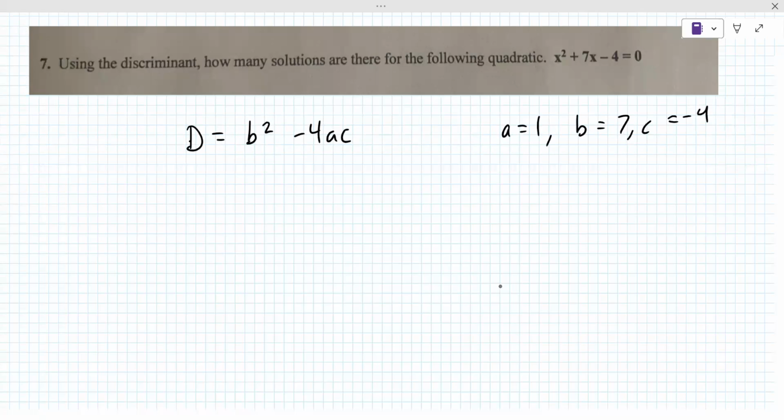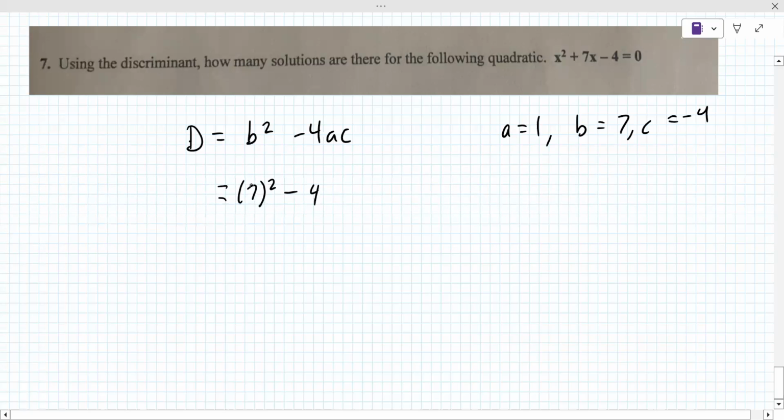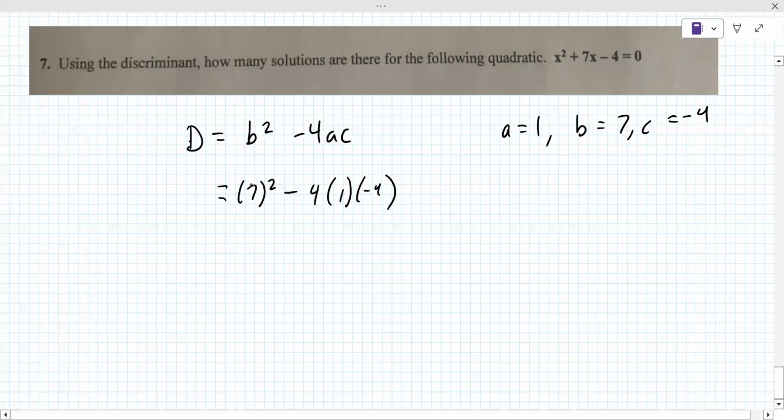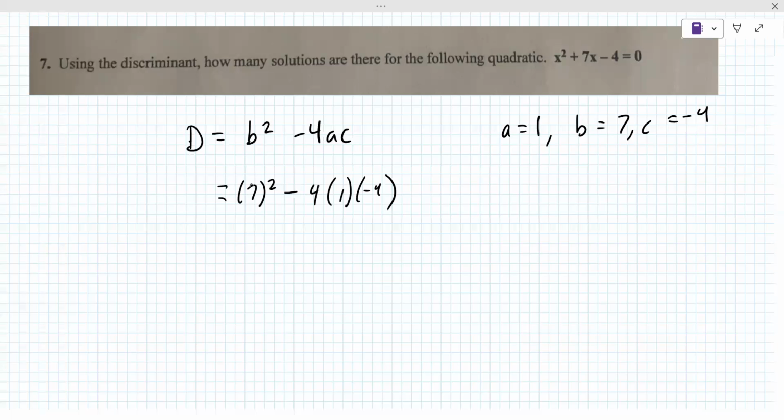Be as careful as you can here to first calculate the discriminant, and then we'll talk about what are some of the possibilities. So I got 65. Very good.